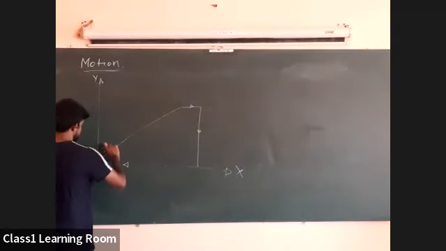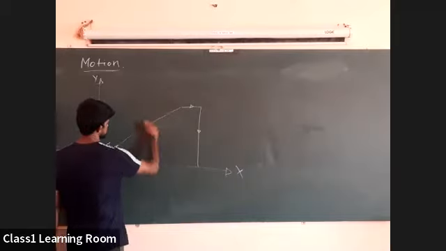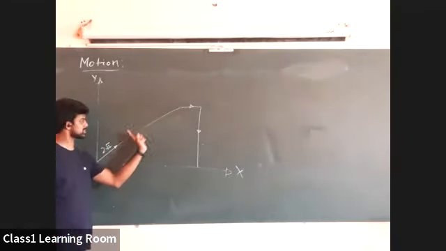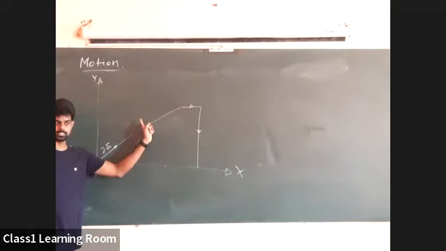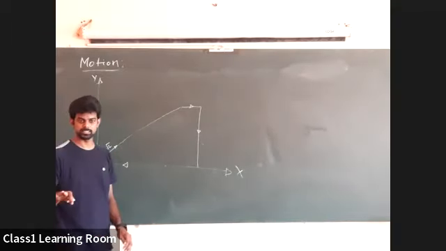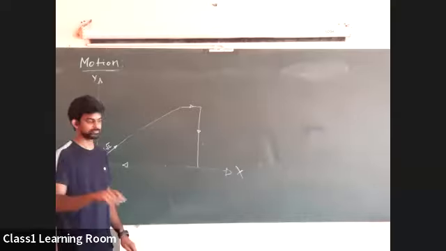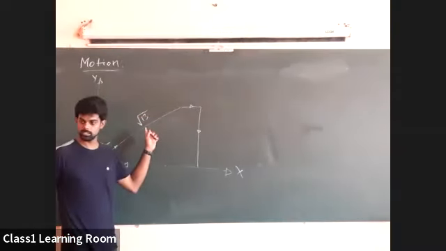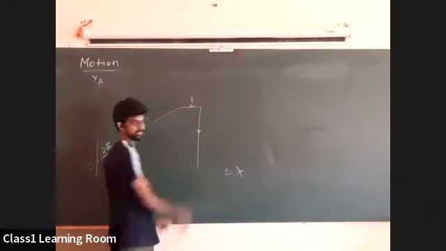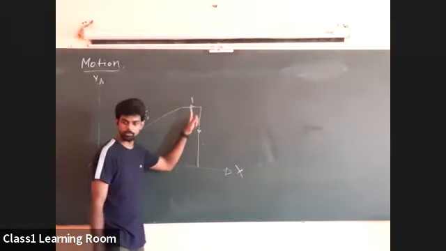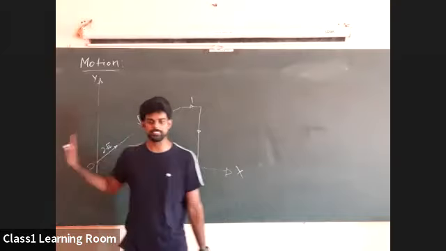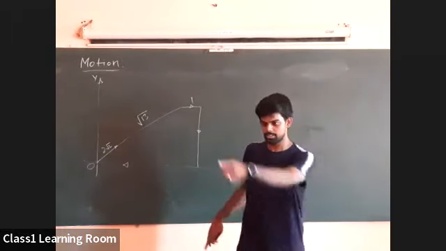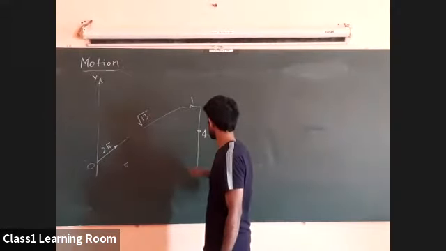So this was 2 root 2, right? Yesterday we calculated this. How much was this? Root 13. How much is this? Anybody is having any doubt? Next you will say this is 4.